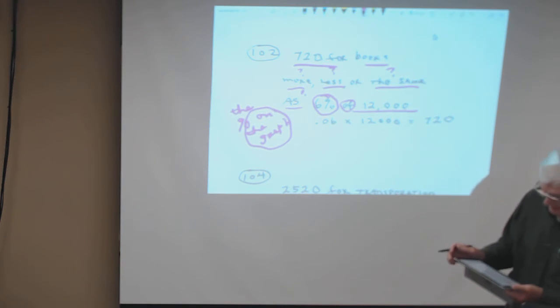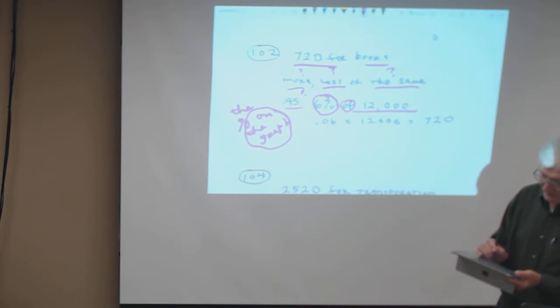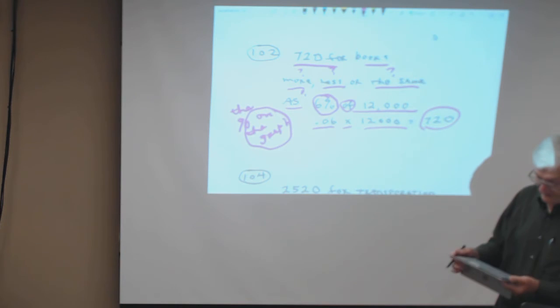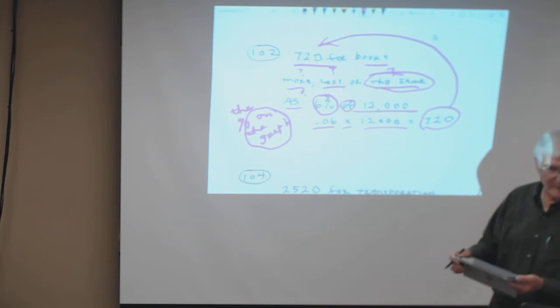See that? $12,000. So what's 0.06 times $12,000? 720. So what's the answer to the question? More, less, or the same? Here's 720. Here's what she spent. Is 720 more than 720? Less than 720? Or the same as 720? Thank you. It's the same. Everybody follow that?